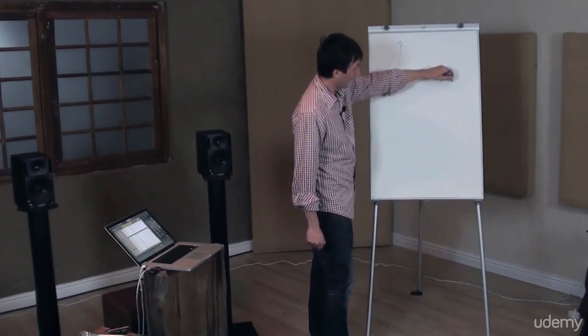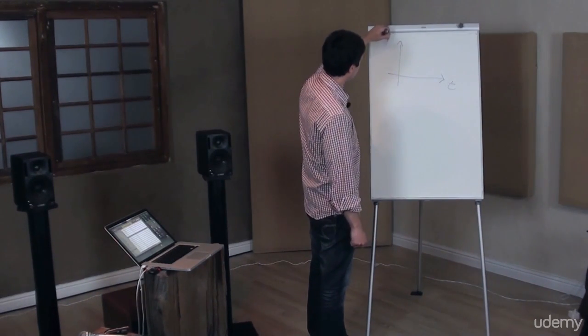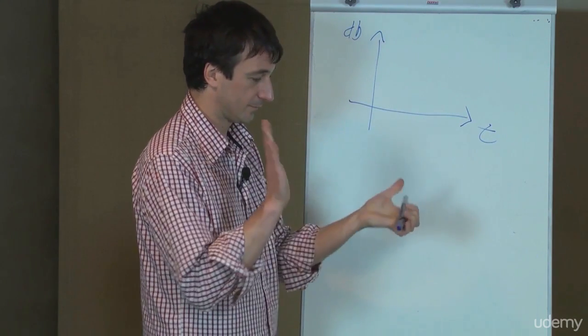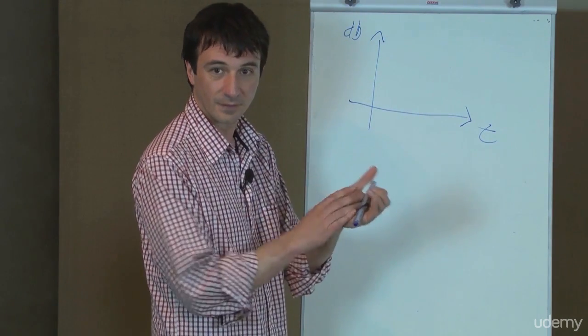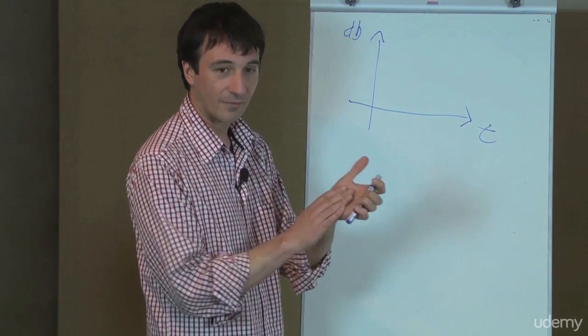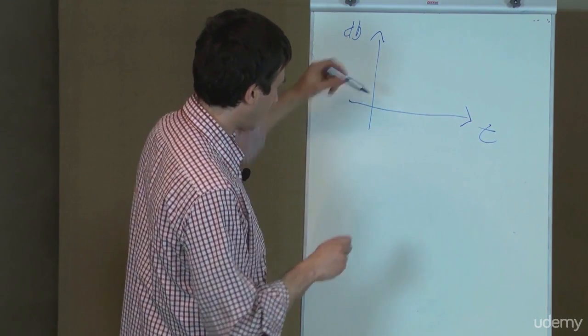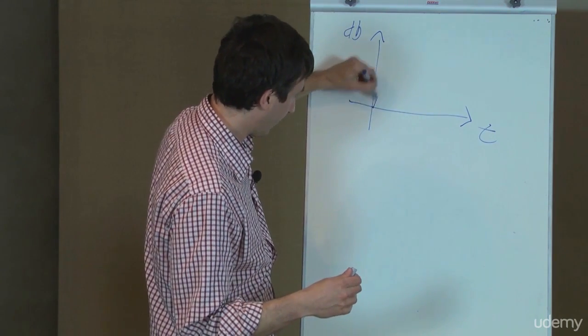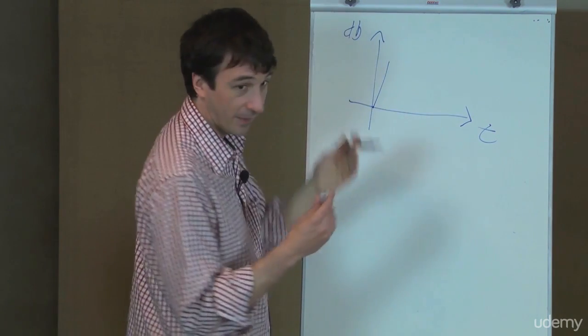So we have time here, and we have decibel here. If we had a sound like a clapping of the hand, every time I clap my hand, the sound will go from zero, no level, to it will spike up to the maximum level.